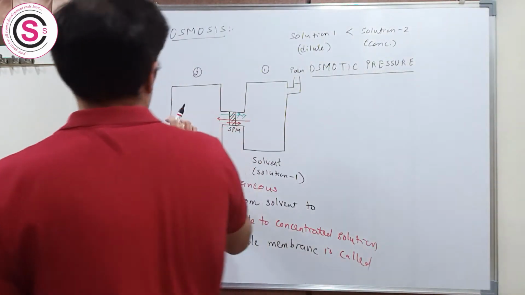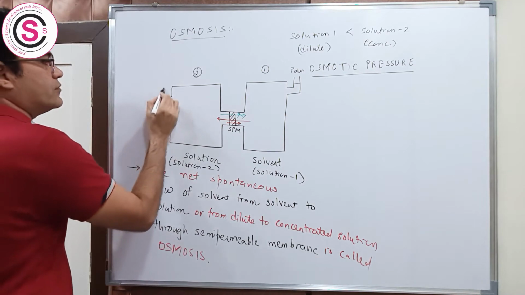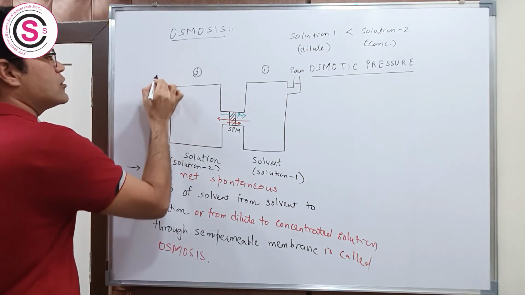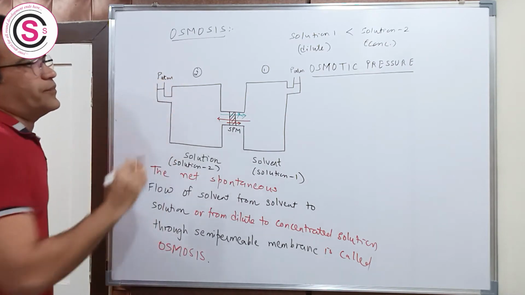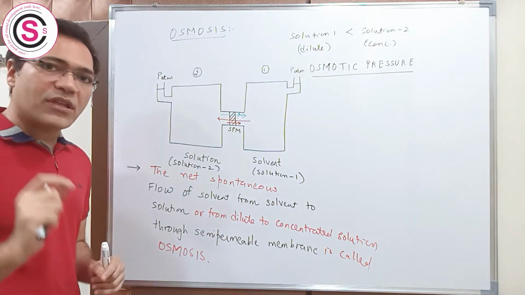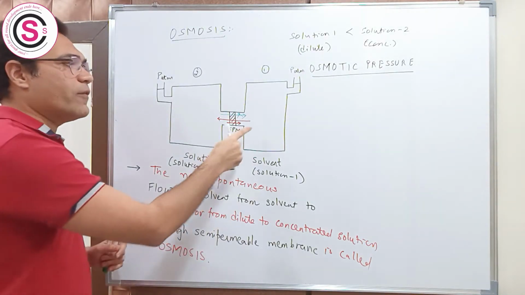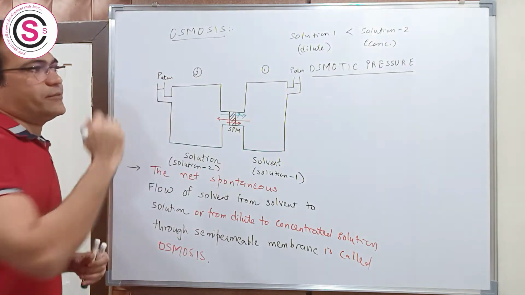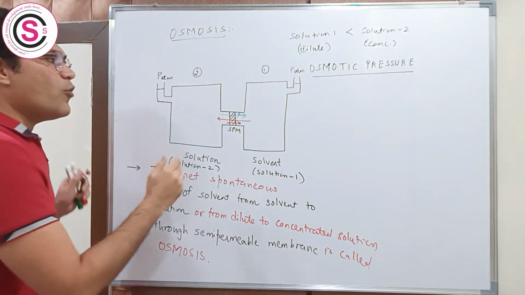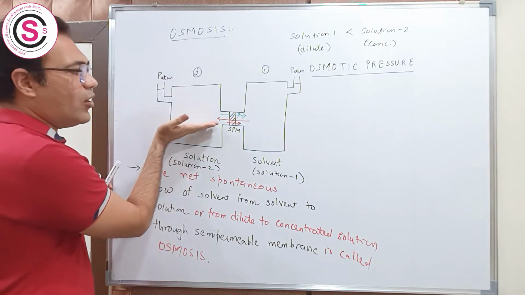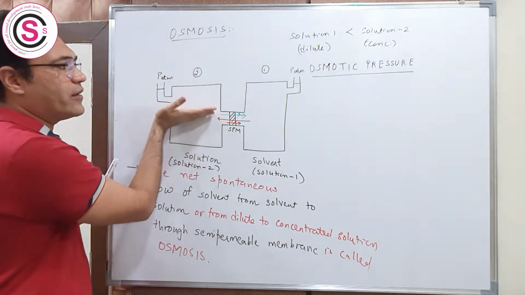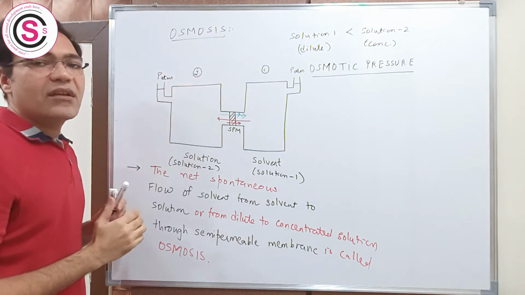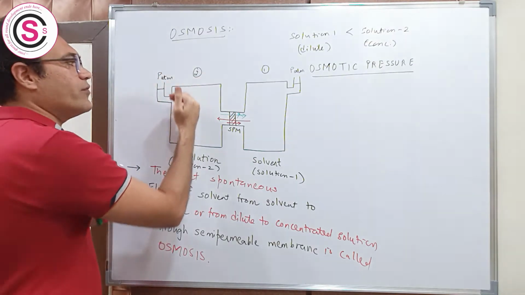And this solution is also at the pressure of P atmosphere, right? Before the start of osmosis, both of them are under the pressure of P atmosphere, right? Now because of osmosis, what will happen? The level of solution here will rise, correct? Because of osmosis, the level of solution will rise.